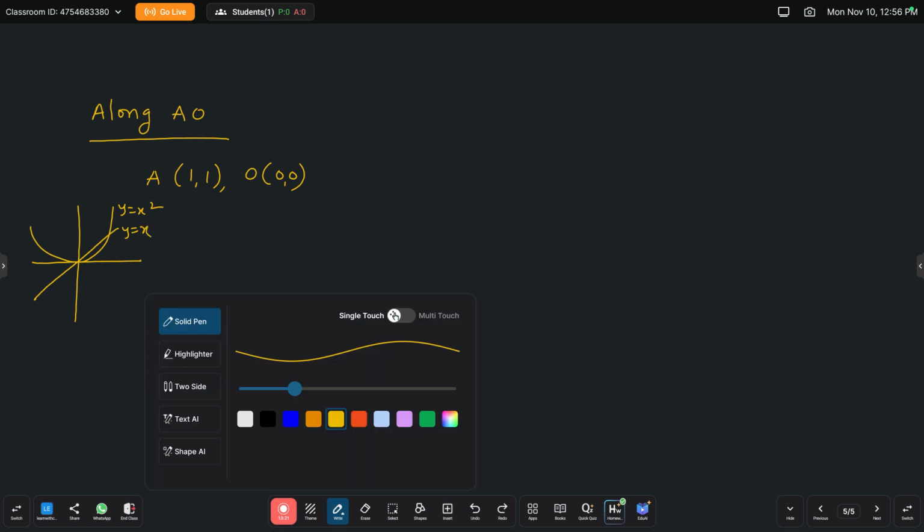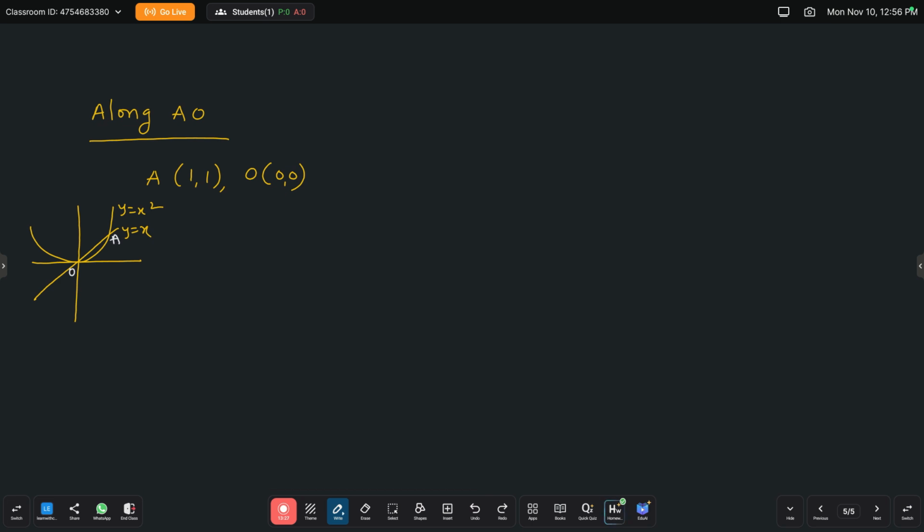Suppose here, see, it is O, it is A. You are taking this direction along AO. So along AO, the x limits are taken from 1 to 0, and y is also taken from 1 to 0.